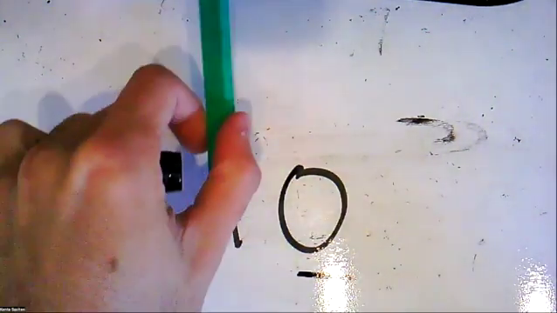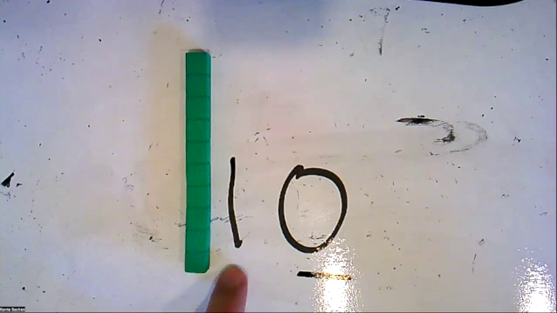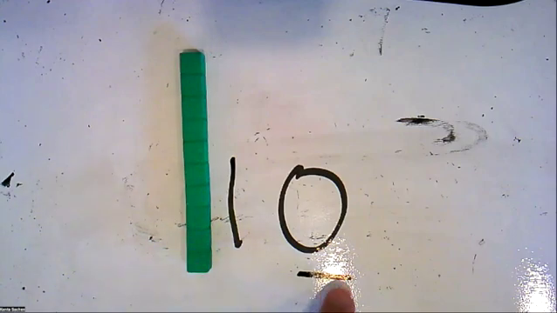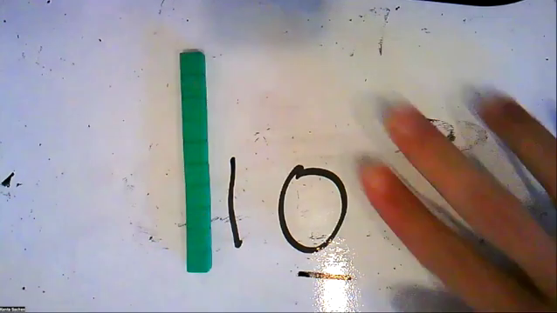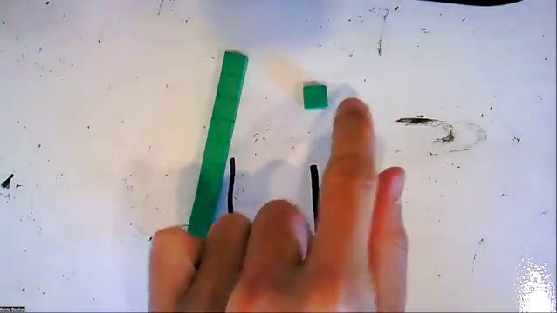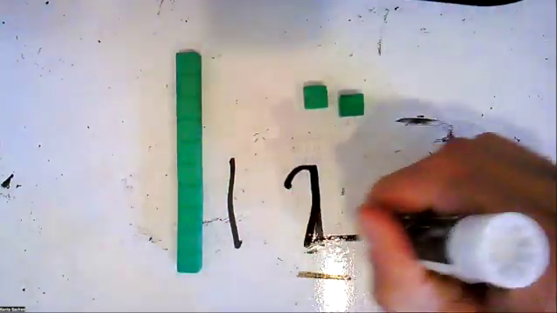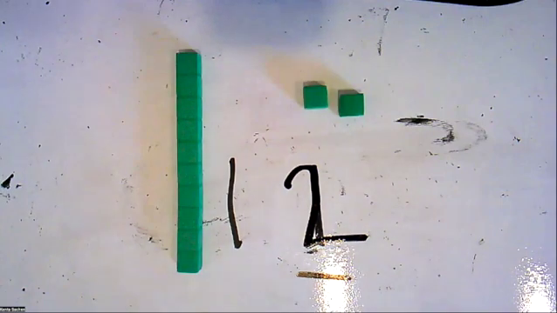Because we're using 0 of the ones and 1 of the tens. Now if we get to a number like 11, we have one of these 10s and one of these 1s to make 11. Same with 12, right?